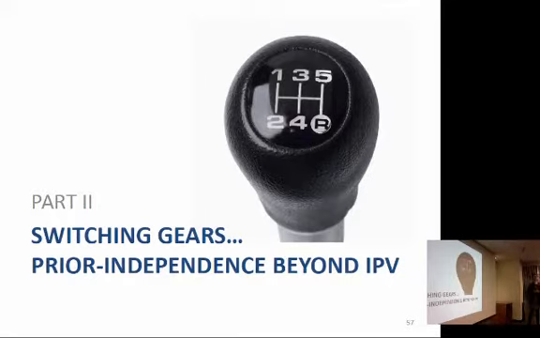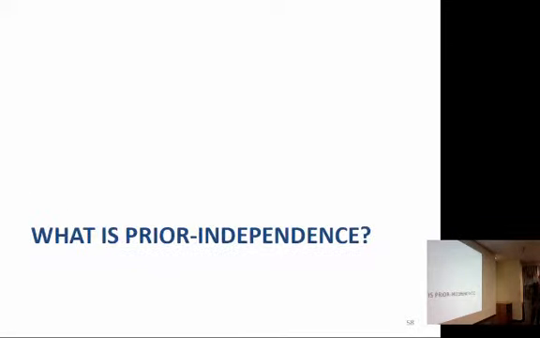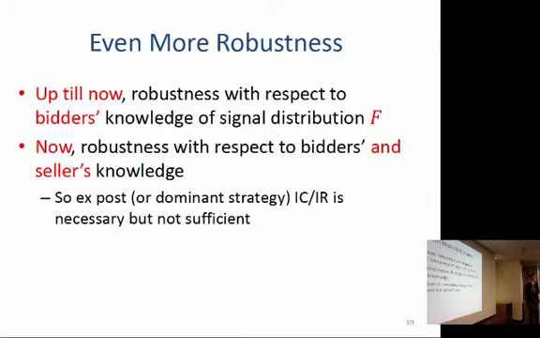Okay, so I'm going to switch gears. I'm now going to be talking about prior independence beyond independent private values. So what is prior independence? I understood from Jason that you know this, so I'm going to go over it pretty quickly. What we're going to do here is require even more robustness.